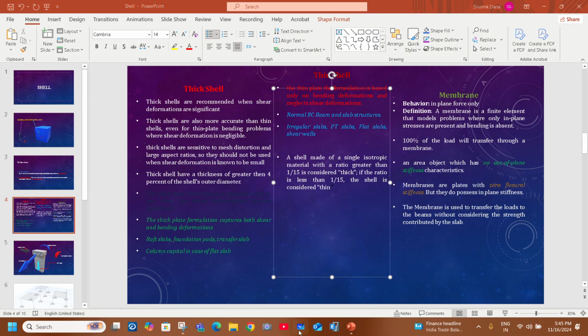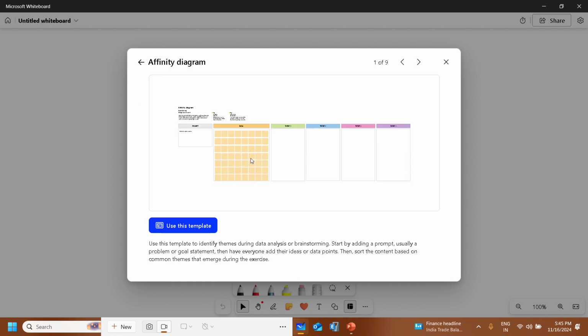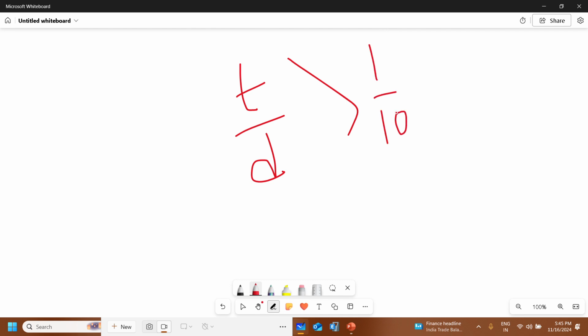Let us discover about it. That means the T by D ratio is 1 by 10 or 1 by 15.